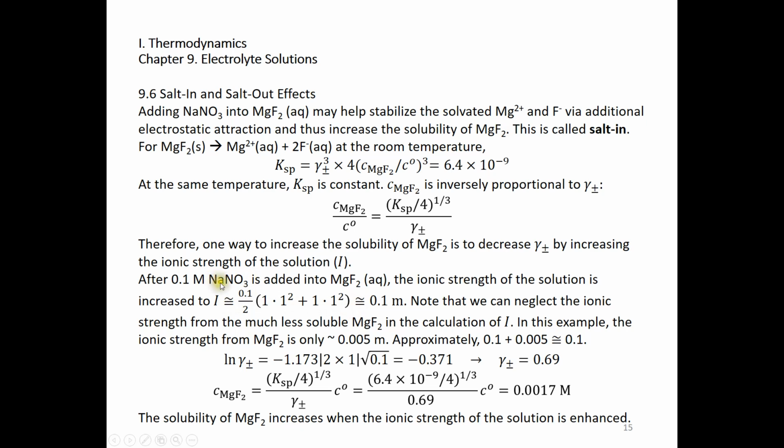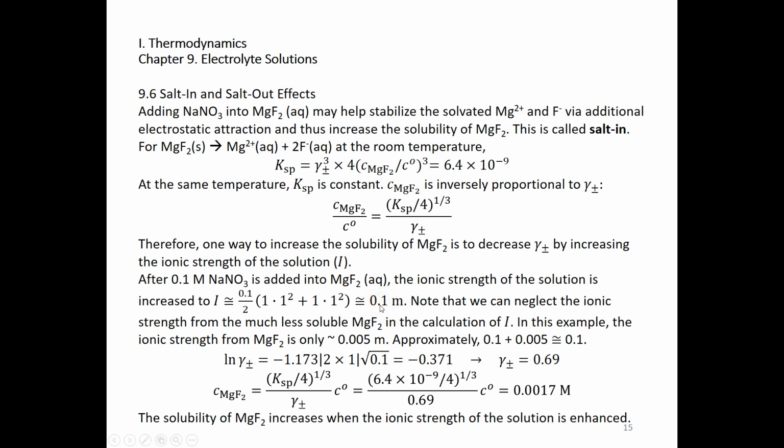What about the ionic strength from magnesium fluoride? The concentration of magnesium fluoride is pretty low, so even if its dissolution contributes to the ionic strength, that contribution is much smaller than 0.1 molar. So we're going to just use 0.1 molar.